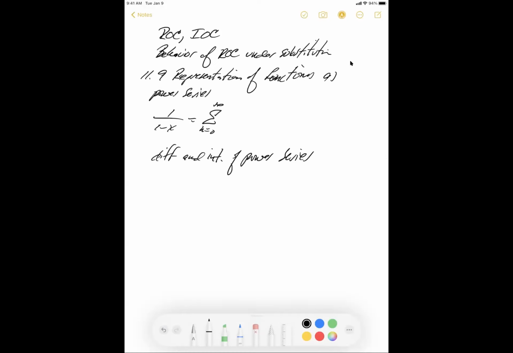Oops, that should be an x to the n there. What we usually do is start with a geometric series and then manipulate using differentiation, integration, substitution, and multiplying by a power of x, so x to the n. Those are the 4 standard ways to manipulate the geometric series, and that gives us the representation of lots and lots of other functions as power series.